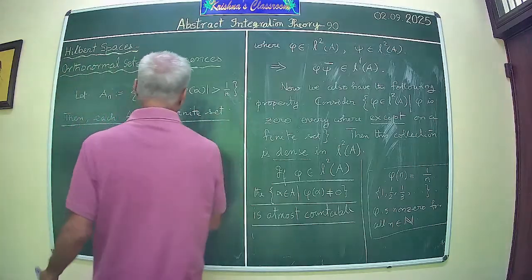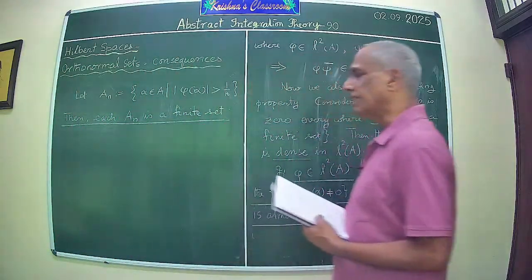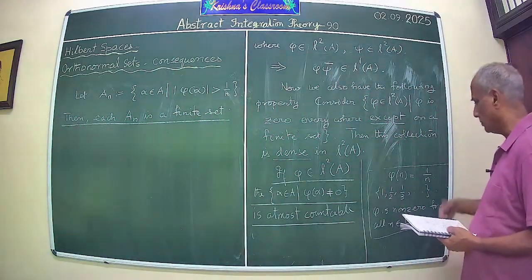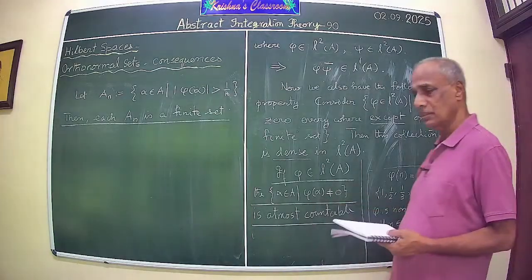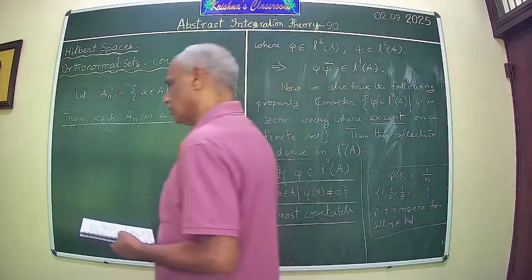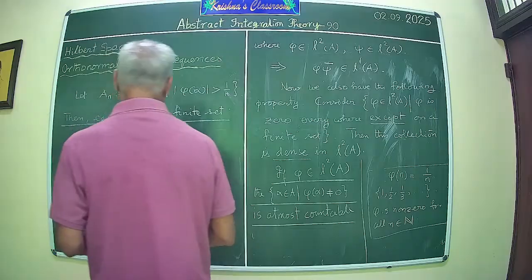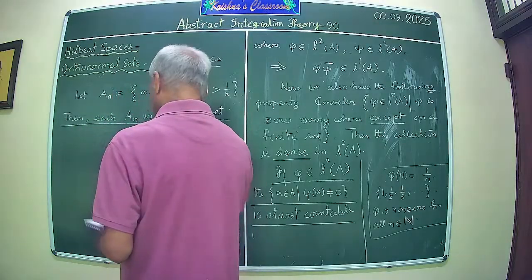Then each A_n is a finite set. If each A_n is a finite set, then it would follow that the set of points where phi is not equal to 0 forms a countable set. So we prove this first.